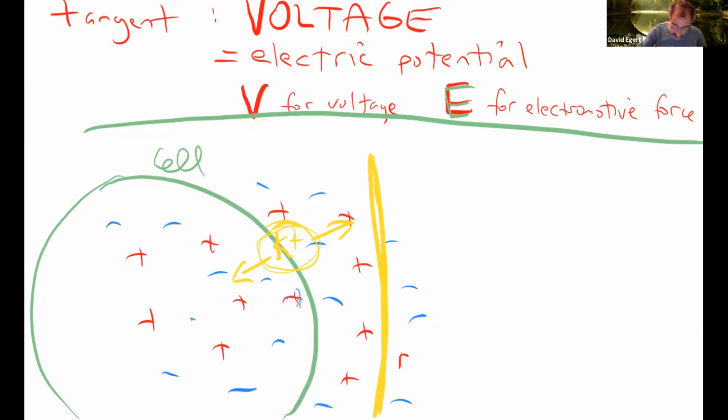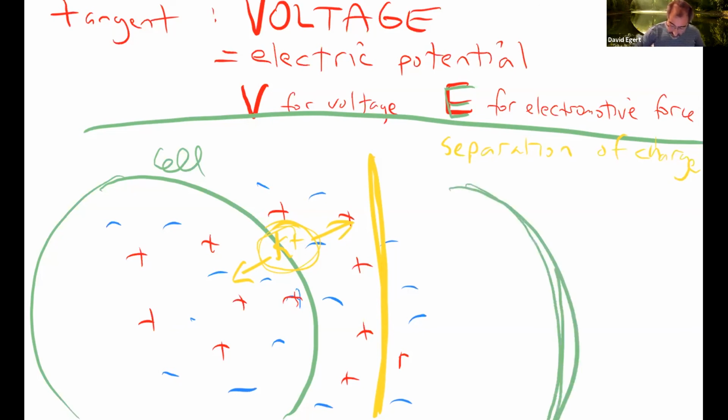So now let's look at separation of charge. So now I'm going to look at my cell here, except I am going to, maybe I'll use a pump or who knows what. I'm going to start pushing some cations out and leaving the anions behind.